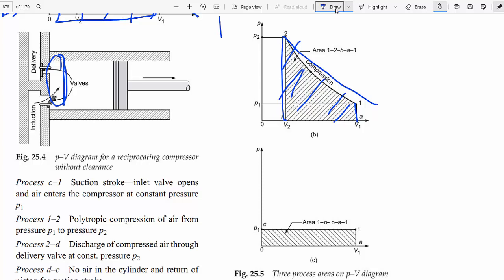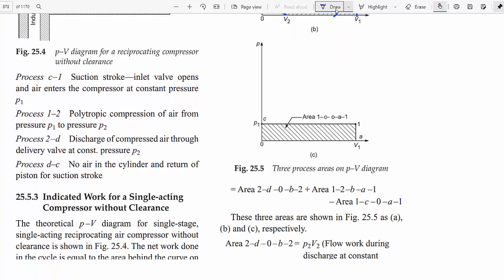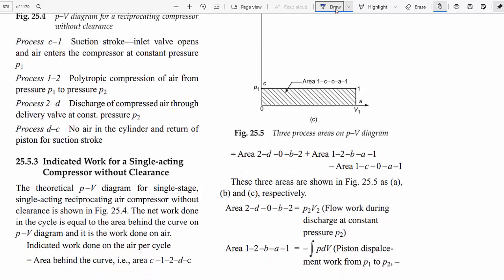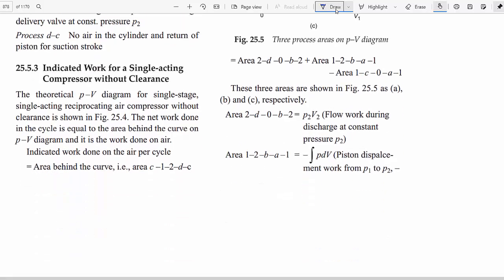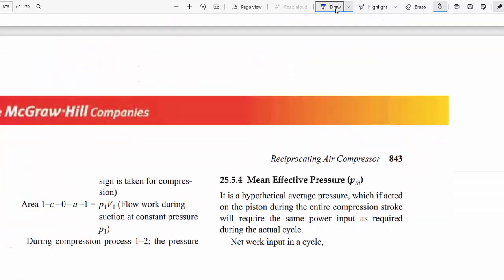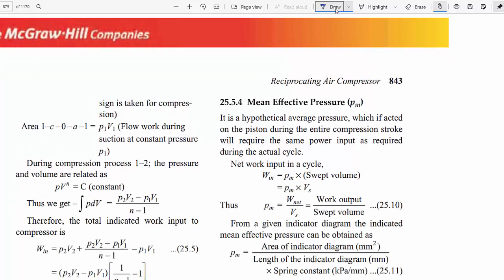Then there is the compression, isentropic compression, and the formula is minus integral of PdV. Then the other area is also a rectangle, with height P1 and width V1, so the area is P1 V1. Therefore, we have three areas. The addition of these three areas is the total energy input to the compressor.